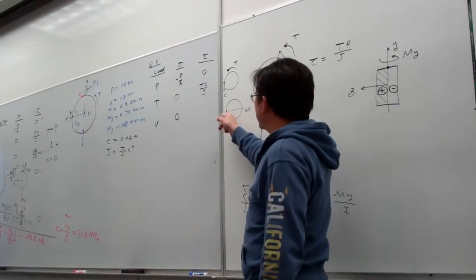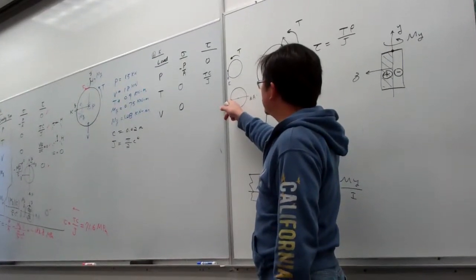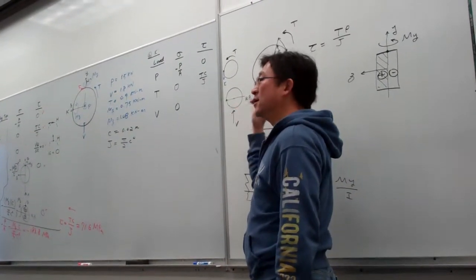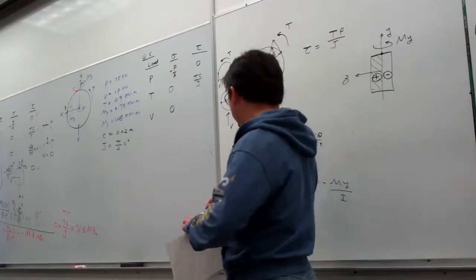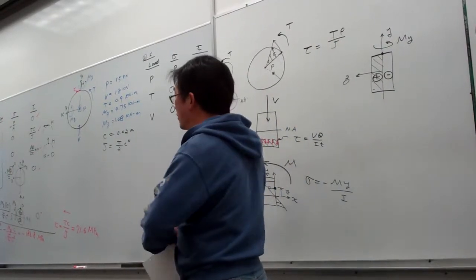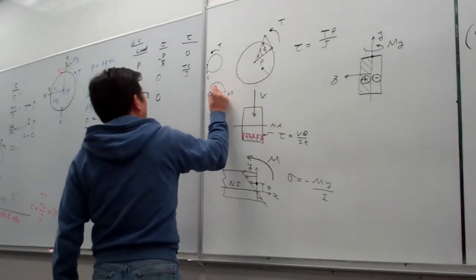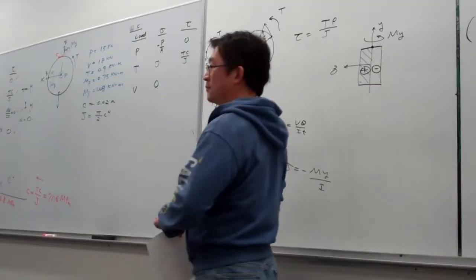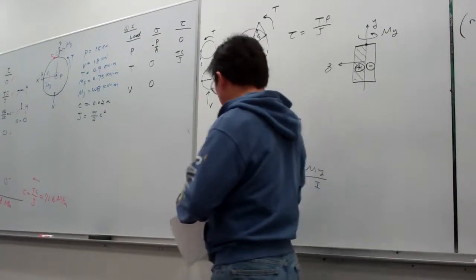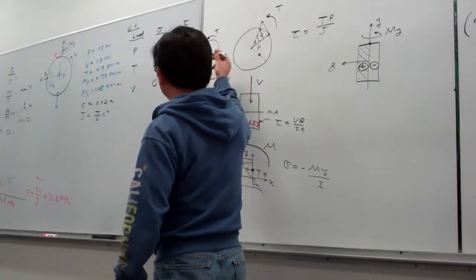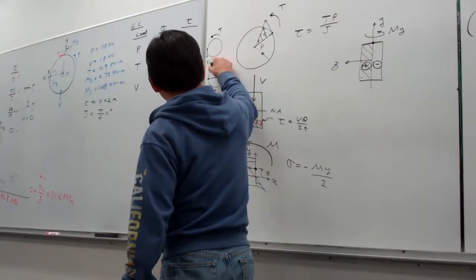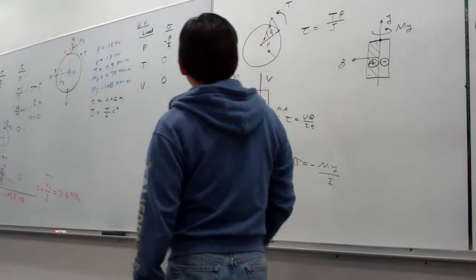So to calculate the shear stress at this point, we make a cut. The cut is parallel to the neutral axis, passing through the point. So this will be our cut. Q will be for half of the circle. Either way, we can pick either side. For example, pick this side.